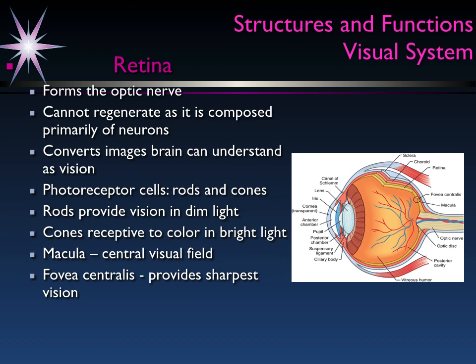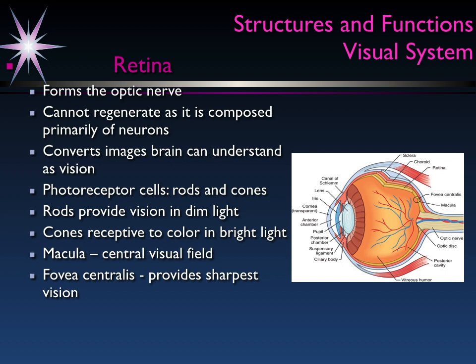So when your eye doctor is asking you to look up, look around, and has the bright light shining in your eye, they're looking at the retina all the way from the side of your lens to the other side of the lens and across the back.